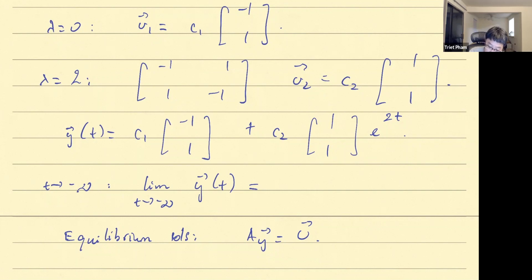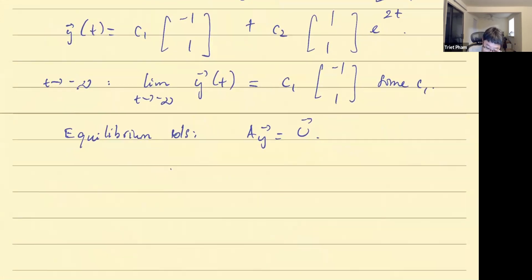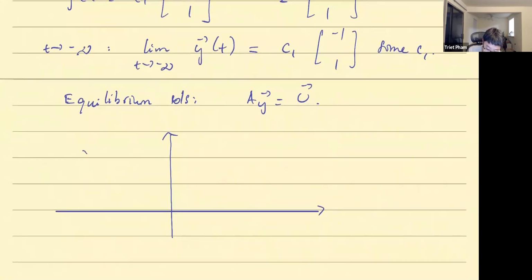Well, it's not, right? It's going to be this one. So in other words, suppose you were to sketch the graph of this. How does it look? So first of all, there's the direction minus 1, 1.